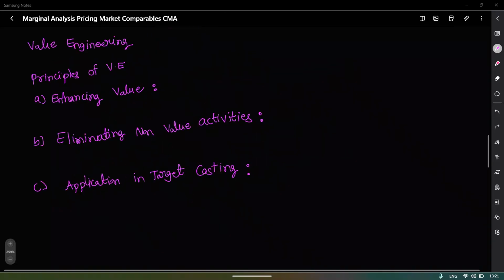Now the value engineering topic is a systematic approach to improve a product's value by evaluating all activities along its value chain. The method focuses on enhancing the product quality while reducing the cost by identifying and eliminating unnecessary activities. The most important principles of value adding, one is enhancing the value, means adding activities.